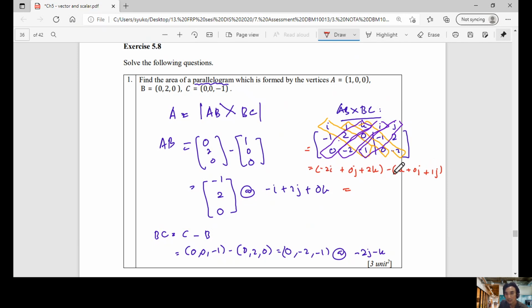So negative 2i minus 0, negative 2i plus 1j plus 2k. So the modulus of AB times BC is the square root of negative 2 squared plus 1 squared plus 2 squared. So we get 4 plus 1 plus 4 equals 9, square root of 9 equals 3 unit square. Alright, so that's all for the example of the area of parallelogram.